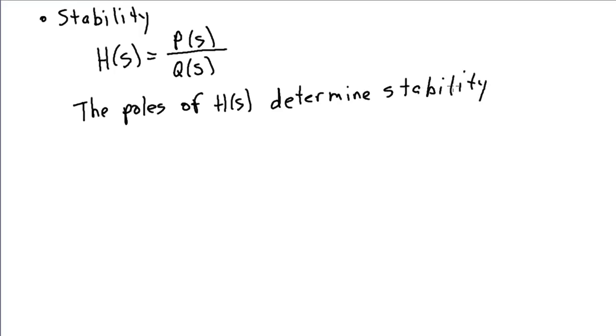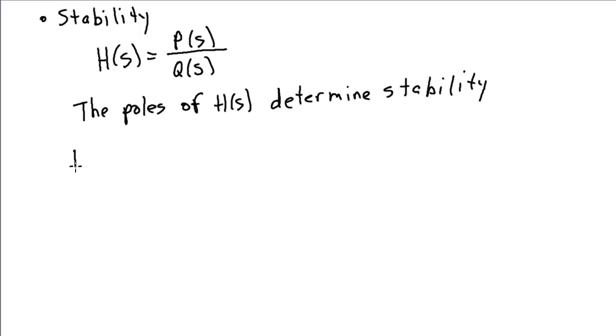And just as previously, if the poles lie in the left half of the complex plane, or in other words have a negative real part, then this system is a stable system.